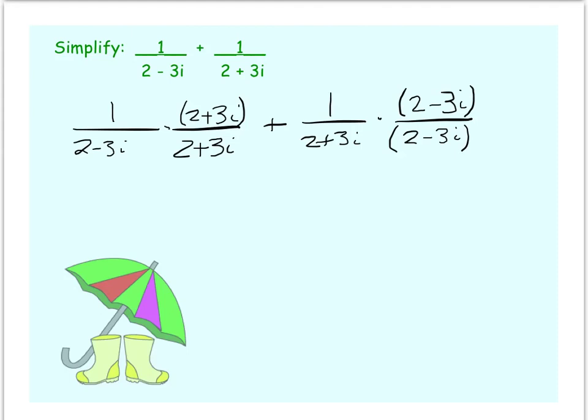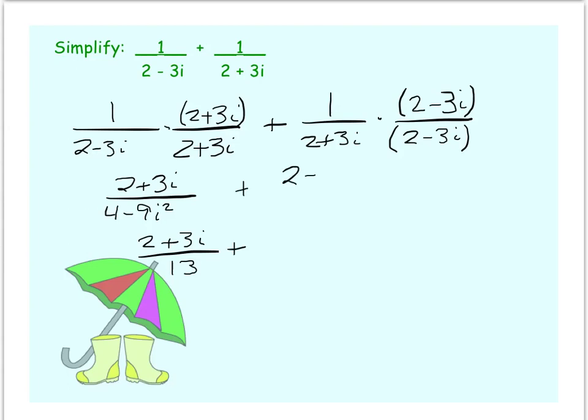So, tackling this first area here, we'll have 2 plus 3i all over 4 minus 9i squared, which is just going to be 2 plus 3i over 13. Our next one is going to be 2 minus 3i, and it's the same denominator, so over 13.